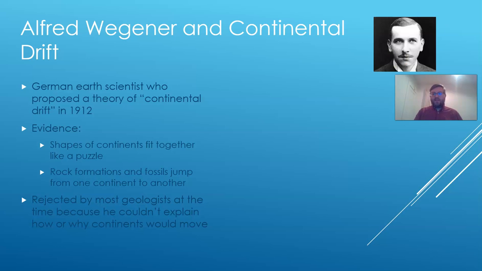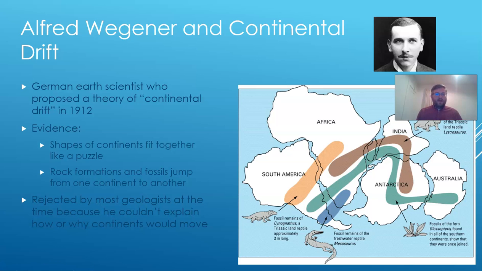The evidence that he pointed to for this idea was first that the shapes of the continents fit together like a puzzle. So it looks like the continents used to somehow be connected to each other because their coastlines match up. The Atlantic coasts of Africa and South America are the most obvious example. You just look at a world map and you can see the parallels of the coastlines of those two continents.